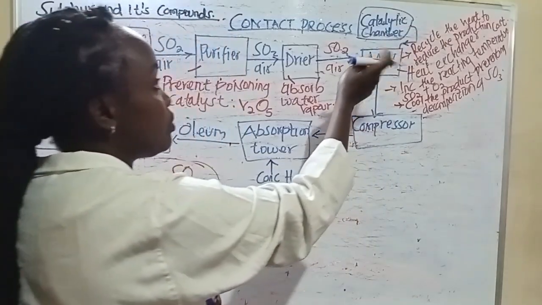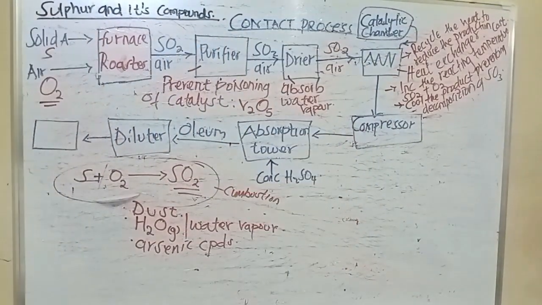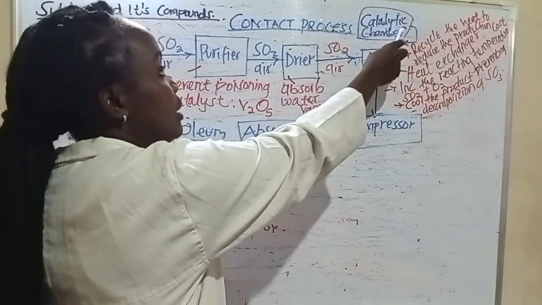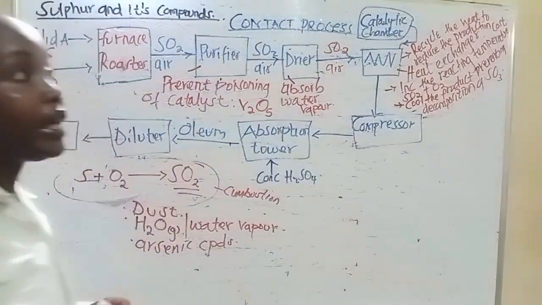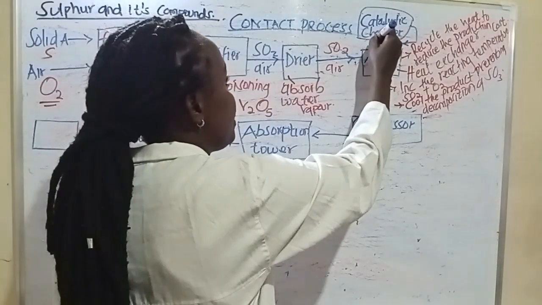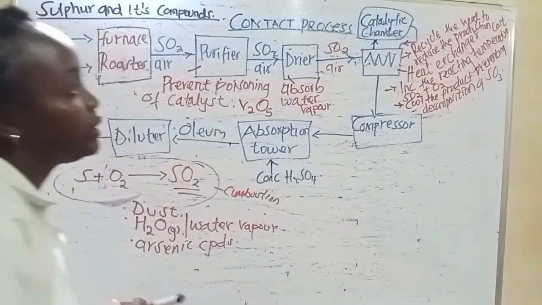You can see the arrow from the catalytic chamber to our heat exchanger, and we also have an arrow that is coming from the heat exchanger to the catalytic chamber.